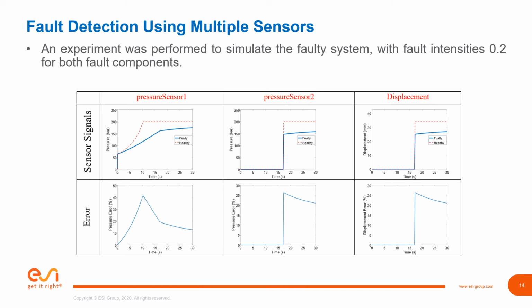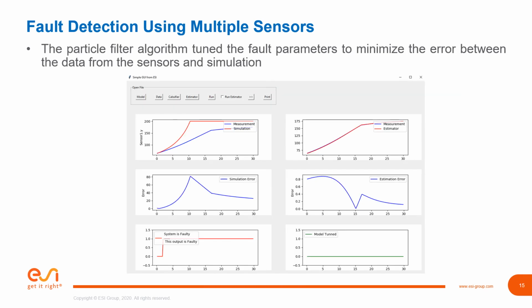Now we apply the global estimator to define the amount of the leakage, or the intensity of the fault. By applying the global estimator, or particle filter, we find that the particle filter managed to close the gap between the measurement and the simulation. You can see here it's about 80 bar, and the estimator managed to make it less than 1 bar.